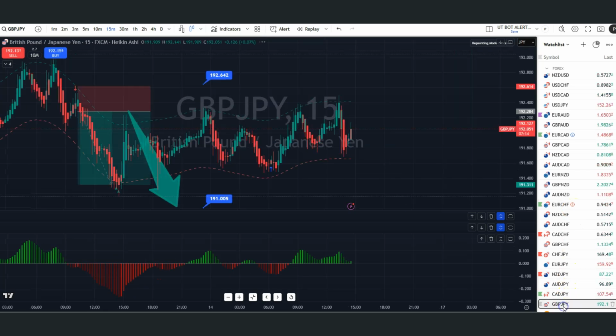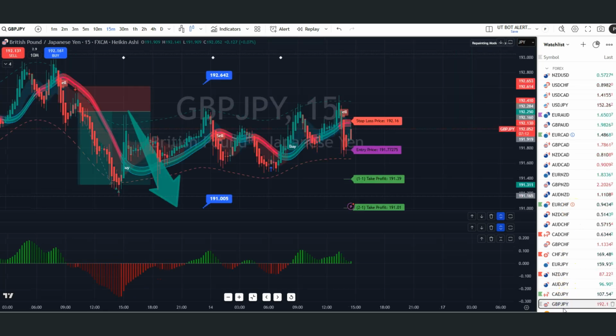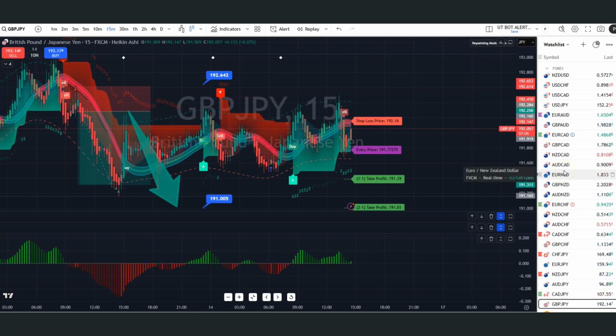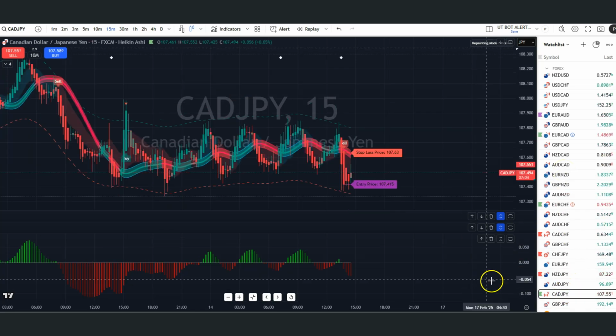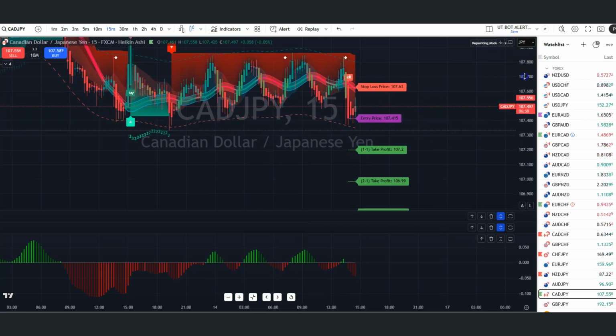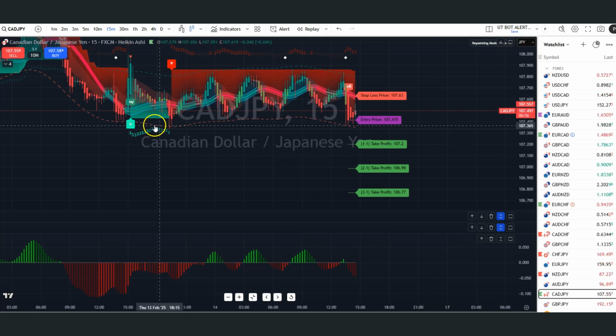Let's go down to the yen, shall we? Bit of fun. Now the yen futures is strong, but the actual yen pairs are not doing anything at all. Most unusual. We have a possible sell on the Canadian yen, but look how it's up within itself.